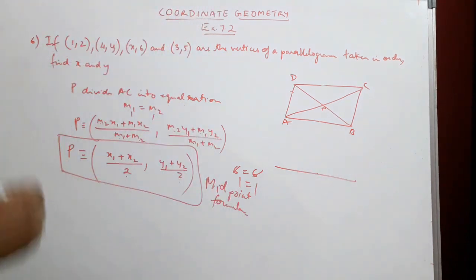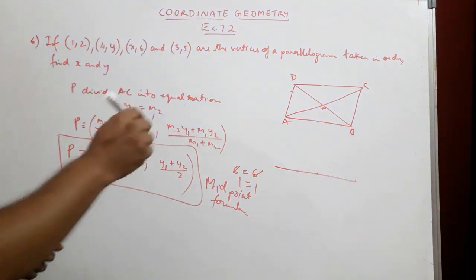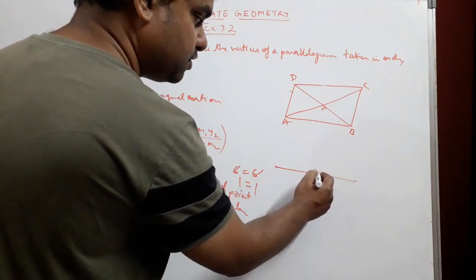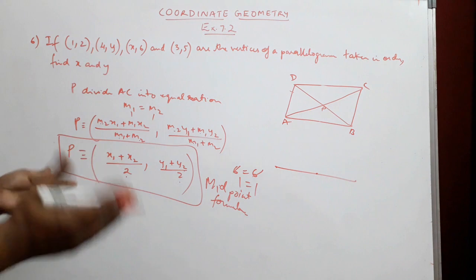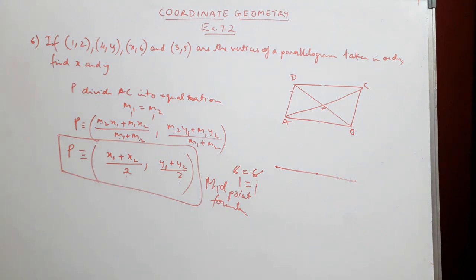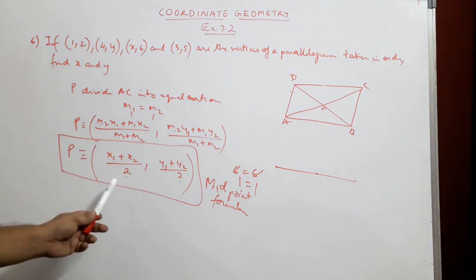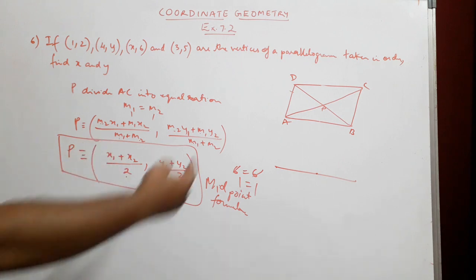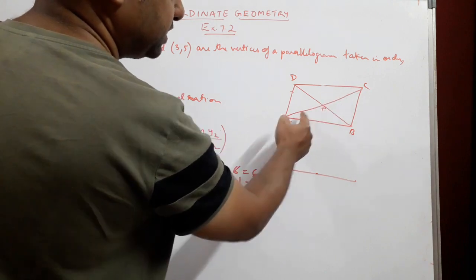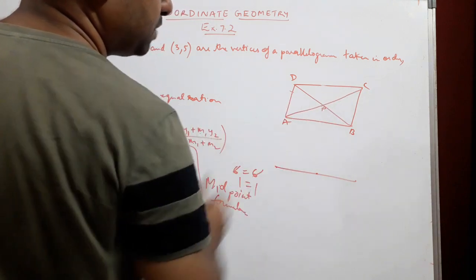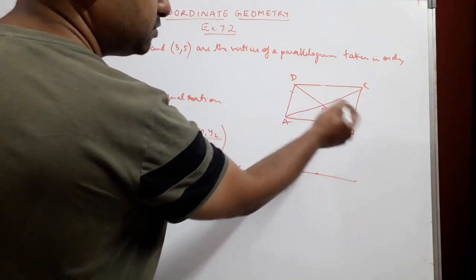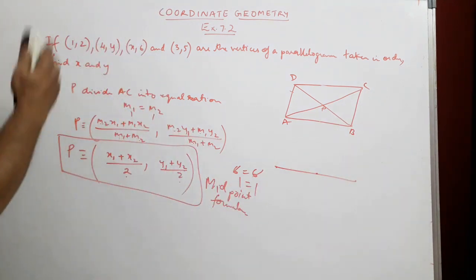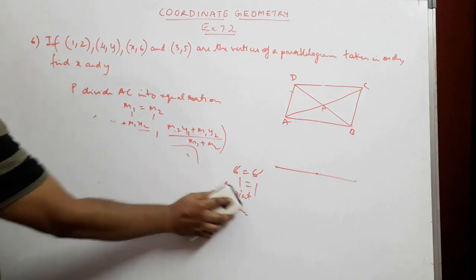Midpoint means a point in the middle, such that the line segment on either side is divided into equal sections. That is why it is called a midpoint formula. Only then do we use this particular formula. In a parallelogram, the diagonals bisect each other into equal parts, which means this particular point becomes the midpoint, and we can apply the midpoint formula. We don't have to mention it, we can directly use this formula.